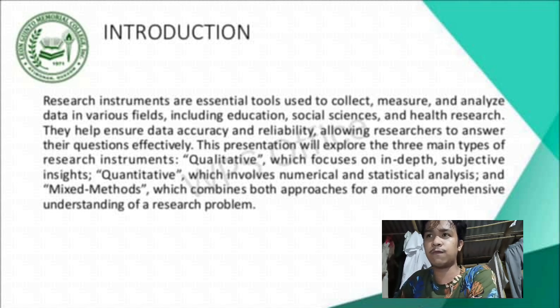They often involve asking open questions, like interviews or focus group discussions. Second instrument is quantitative. This deals with numbers and statistics. Examples are surveys or tests where you count answers or scores to see patterns.